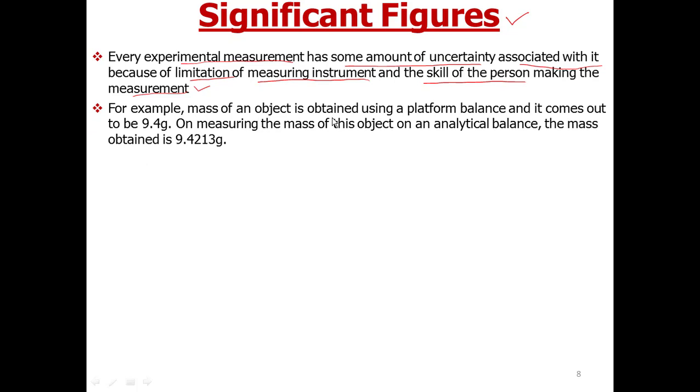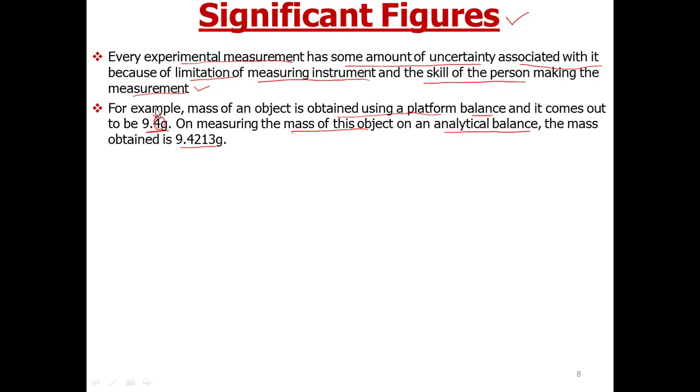Suppose the mass of an object is obtained using a platform balance and it comes out to be 9.4 gram, whereas the mass of the same object is measured on an analytical balance, which is more accurate, and the mass comes out to be 9.4213 gram. Now we can say that in the platform balance reading, the digit 4 is uncertain.